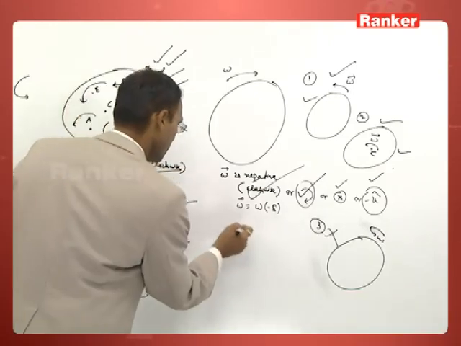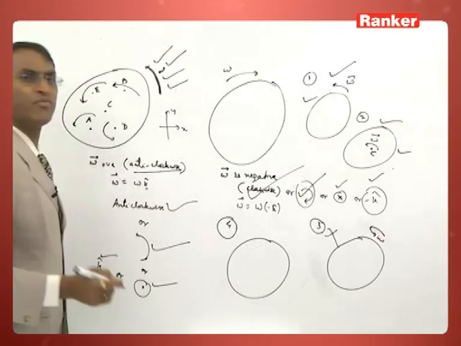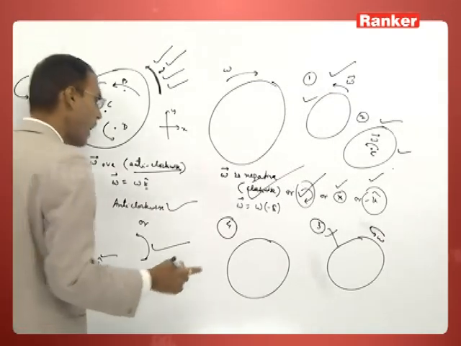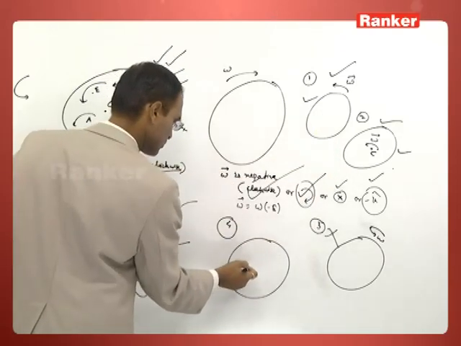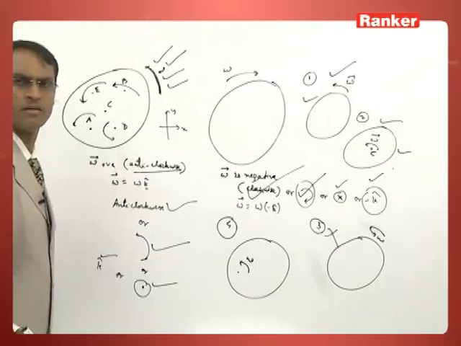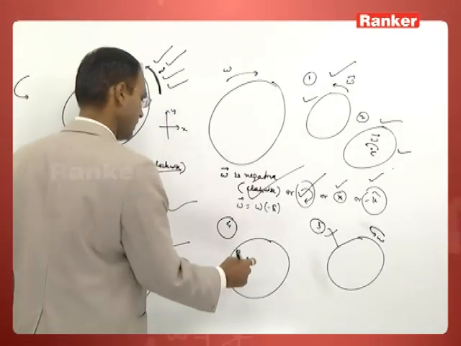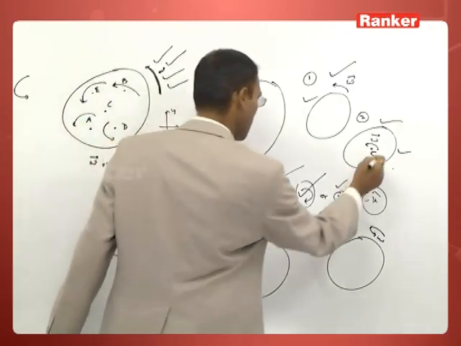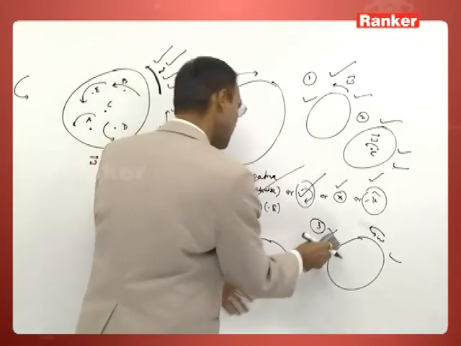Therefore, I can give you a fourth option for representing the same thing. You can take a point here in this way also. Take any point and give the correct sense. This is anticlockwise, this is anticlockwise, this is also anticlockwise. But this is also correct.